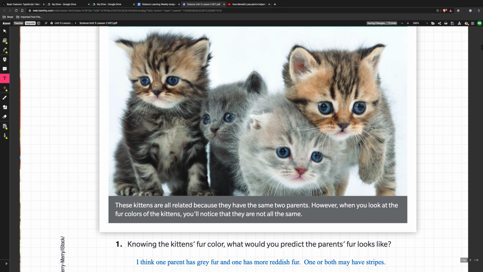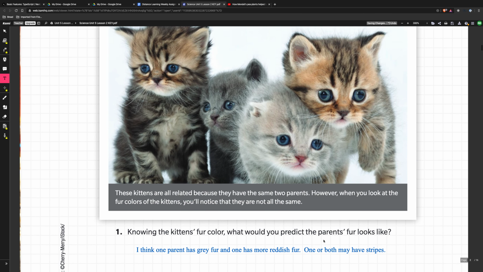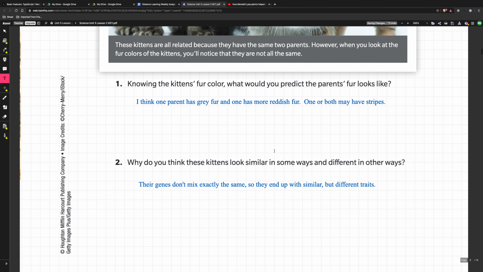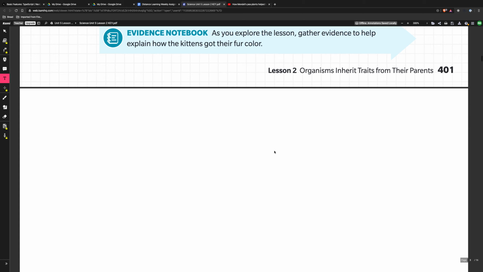It's because parents, whether of animals or even the parent generation of plants, have particular traits that they pass on through their genetics, but they don't pass them on evenly. That's what we're talking about.